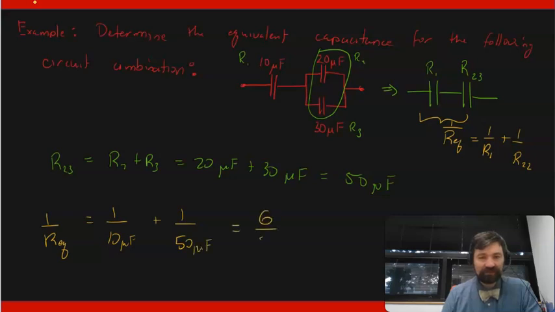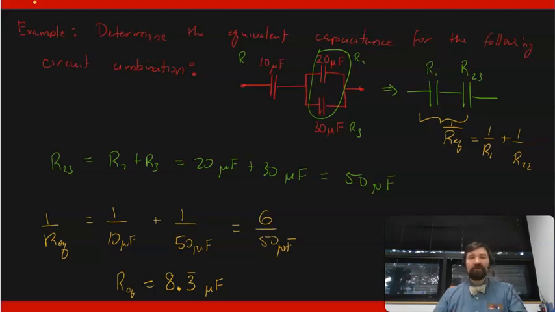And so that's 6 over 50 microfarads. And that means that my total equivalent resistance is about 8.3, or 8.3 repeating, microfarads.